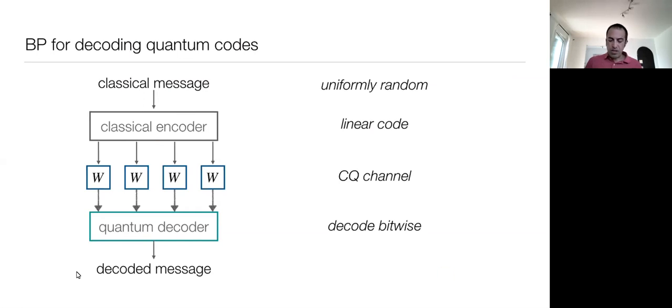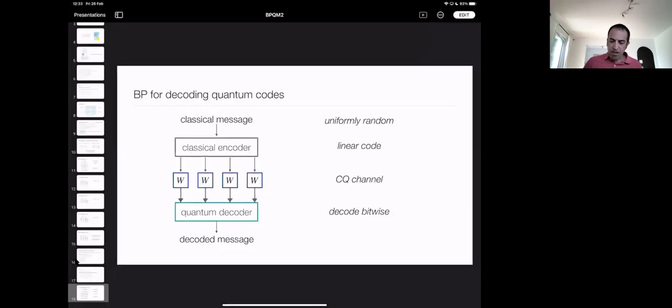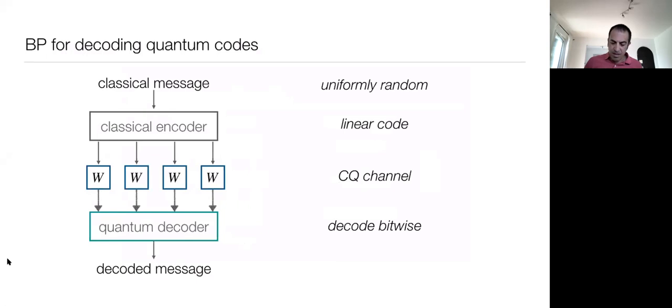And the only thing we change is this channel, we change it to a CQ channel. We still want to try to decode bitwise. But now our quantum decoder is going to have to be some circuit to implement a measurement, because it's got to take the output here and then output some classical value. So it's a measurement. It takes quantum input and spits out a classical value. It must be a measurement.